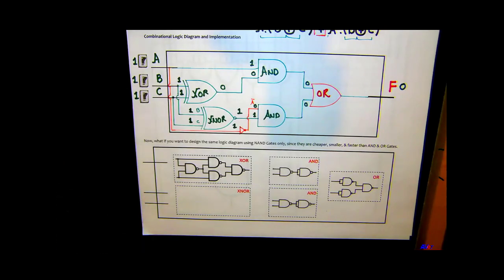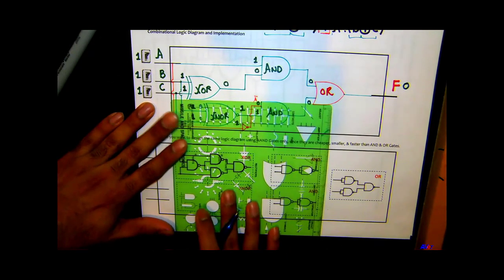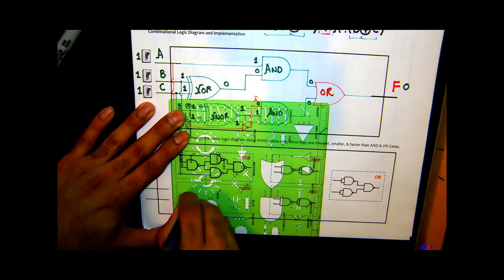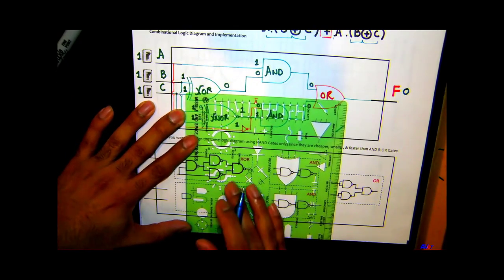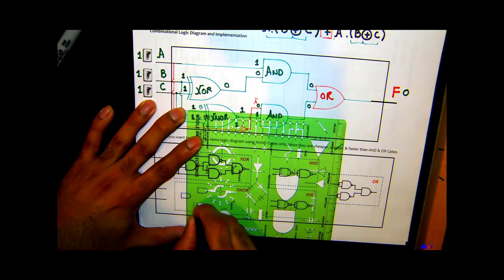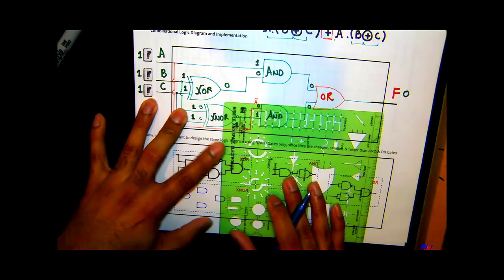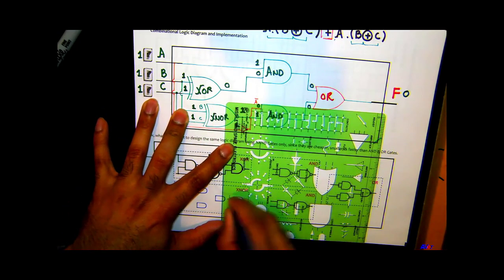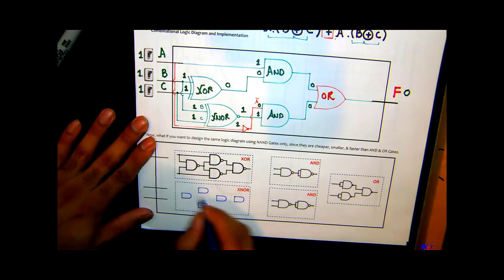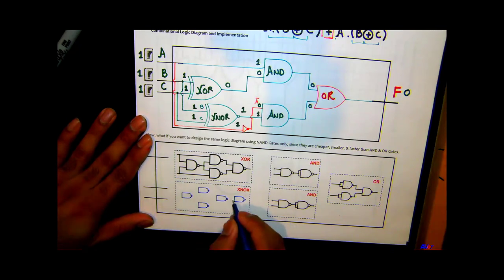Okay, there should be a small gate in there also. Yeah, so I'll use this gate right here. Adding bubbles to each of these.